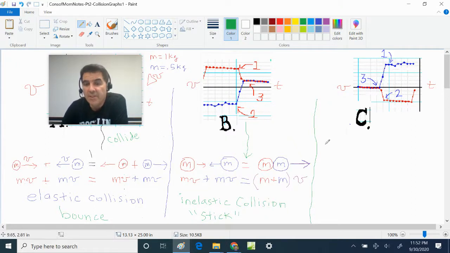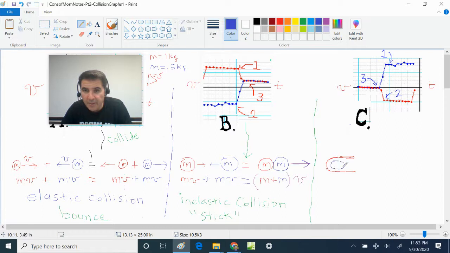So in this case, instead of doing a ball and two balls, let's actually do a cannon. Let's make the cannon red. The cannon is heavy. There's the cannon, and on the inside, I'm going to put this cannonball.